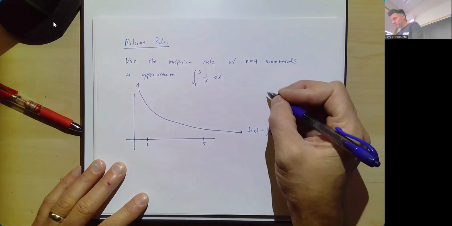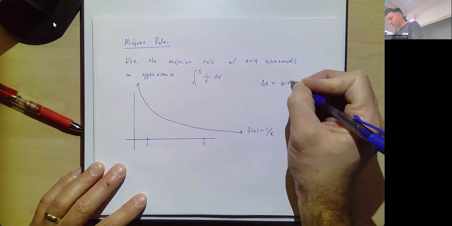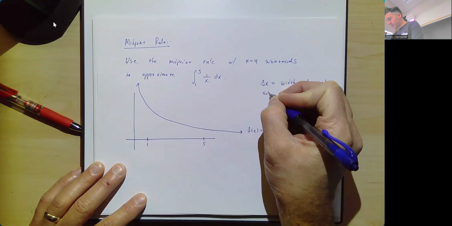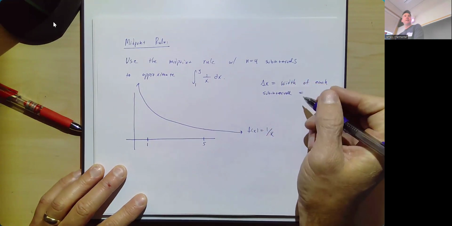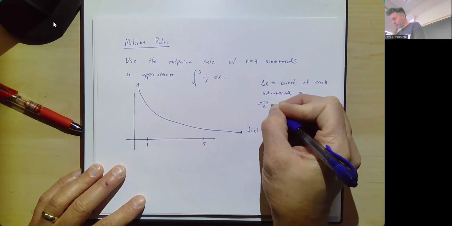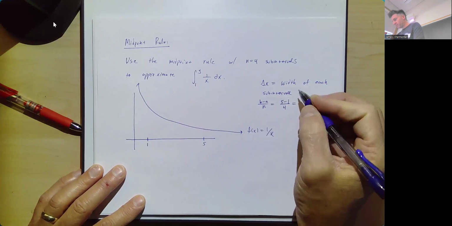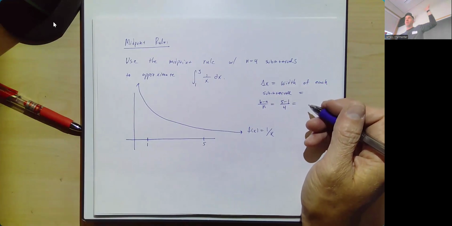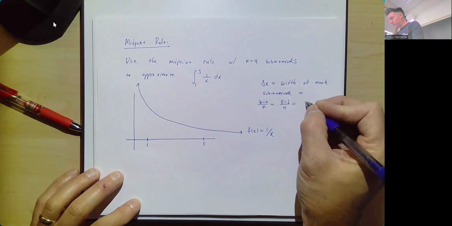So our delta x, the width of each subinterval, is equal to b minus a over n, which here is 5 minus 1 divided by 4. Whenever someone says b and a, they're talking about the top and bottom limits of integration. That's 4 over 4, which is 1.